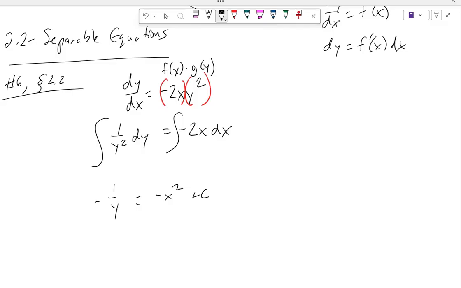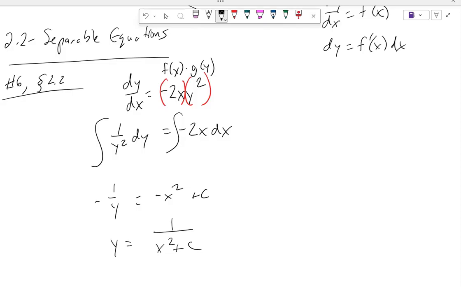Technically, I would have one constant on the left and one constant on the right, but then I could just move the constants together and combine them into one. A lot of times we'll solve this for y. Sometimes we can't solve it for y, but sometimes we can. This one we can: multiply both sides by negative 1 and then reciprocate. y equals 1 over x squared plus c.